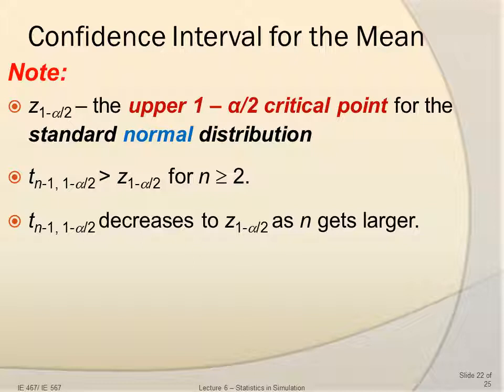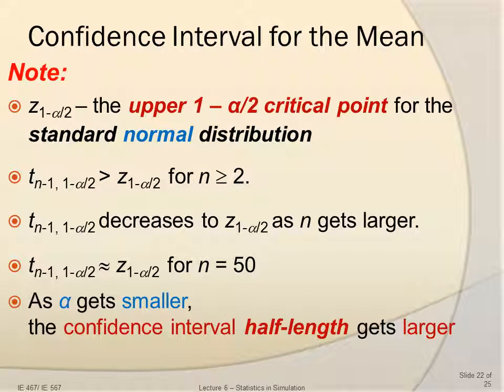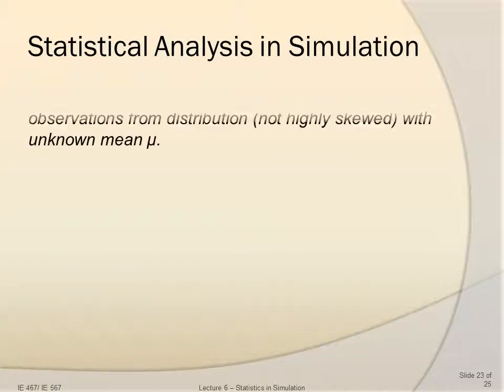Also, the t critical value decreases to the z critical value as n gets larger. For very large values, starting with, for example, n equals 50, when we have sampled 50 points, they are approximately equal. As alpha gets smaller, the confidence interval half-length gets larger, and it's important to remember.